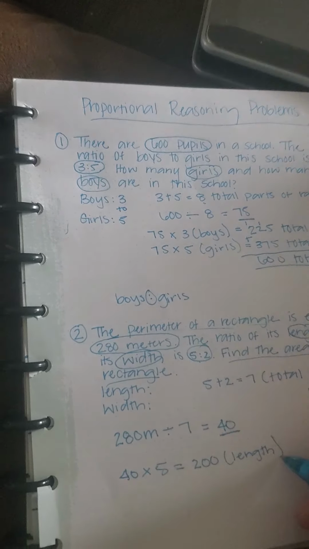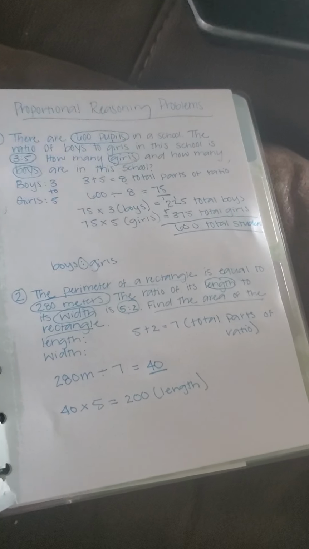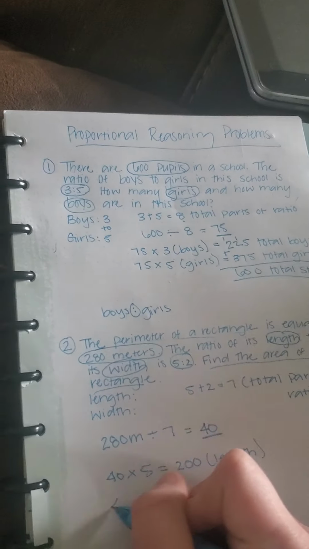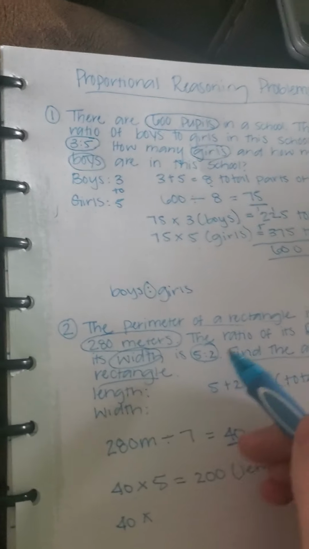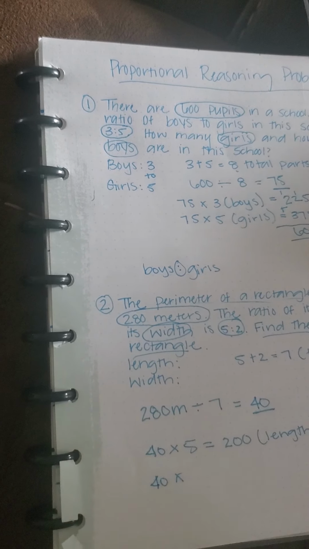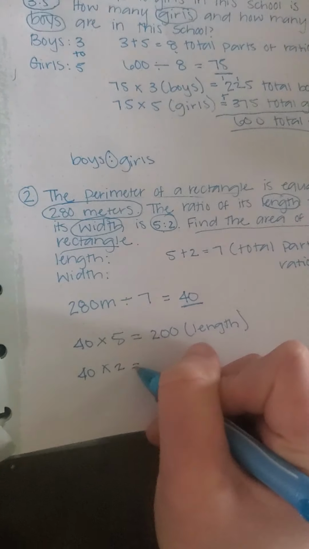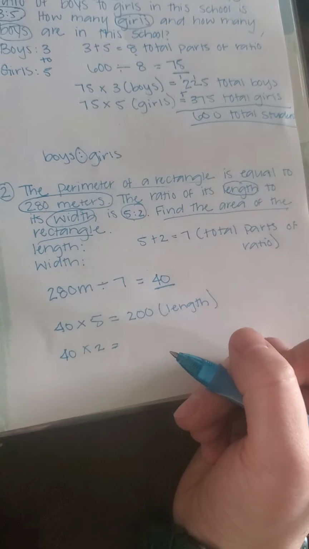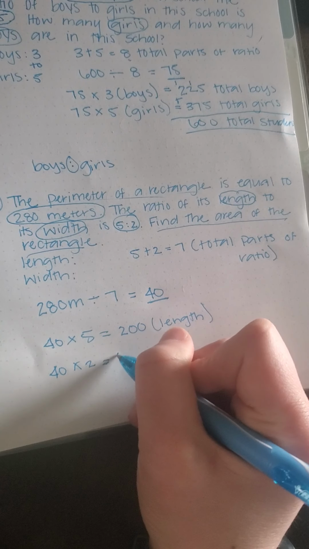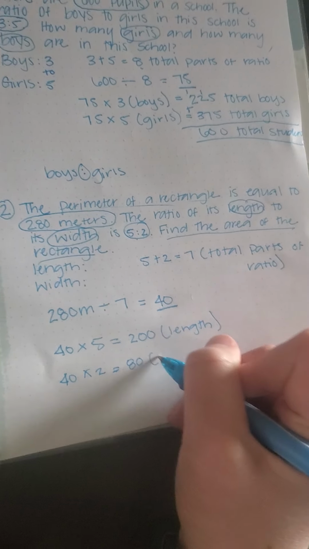We do the same for our width. We take the 40 and multiply it by the second part of our ratio, which is 2. 40 times 2. We all should have gotten 80 for our width.